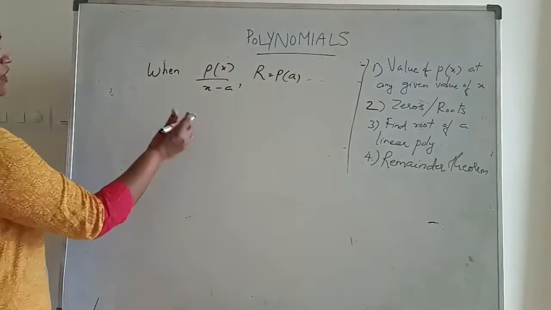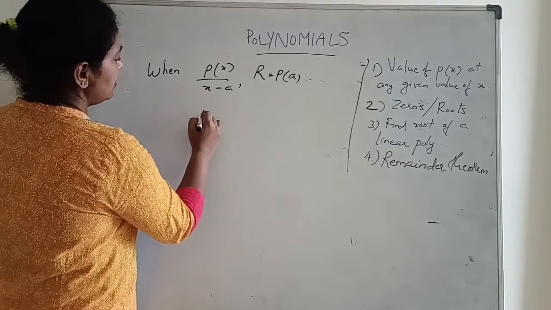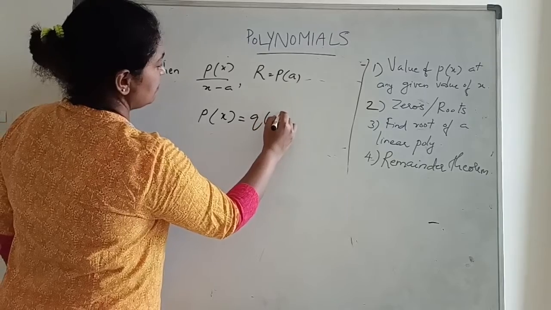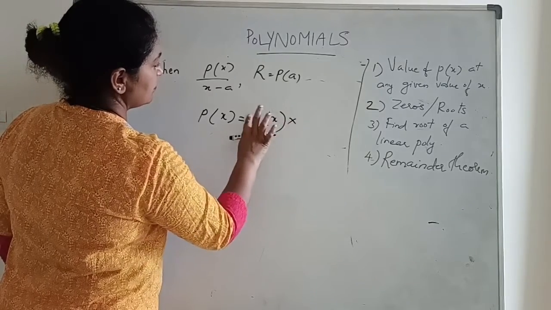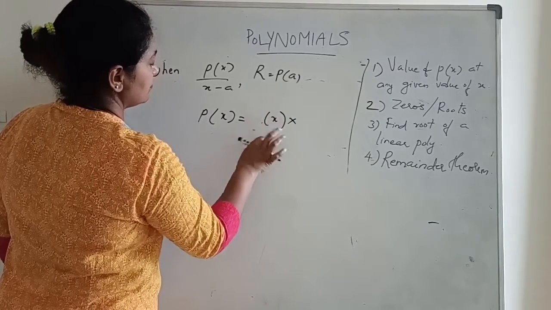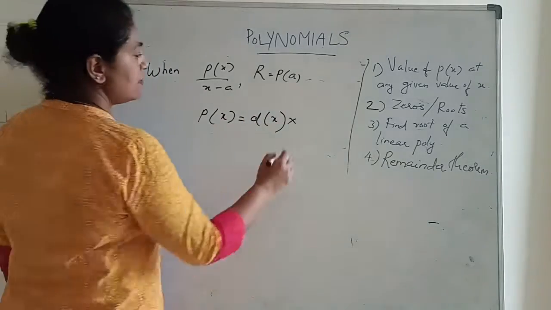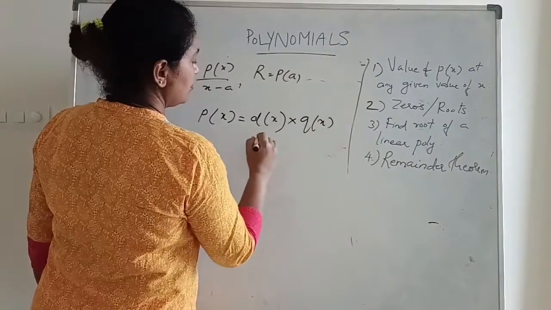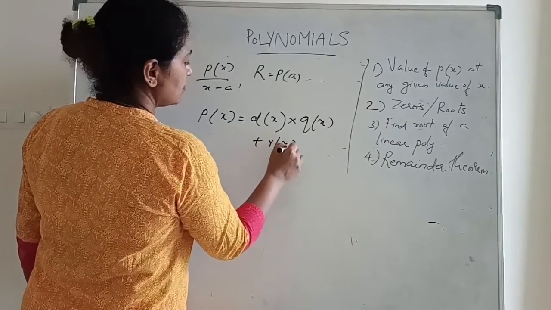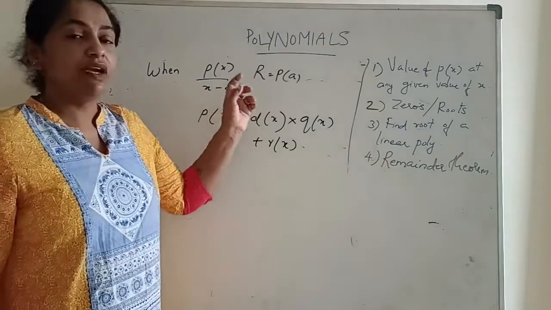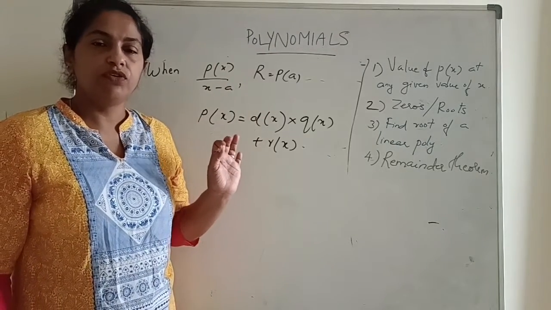Now we know that the dividend is equal to the divisor, let us say d of x, into quotient plus remainder. When we are talking about the remainder theorem, what do you know about the divisor?